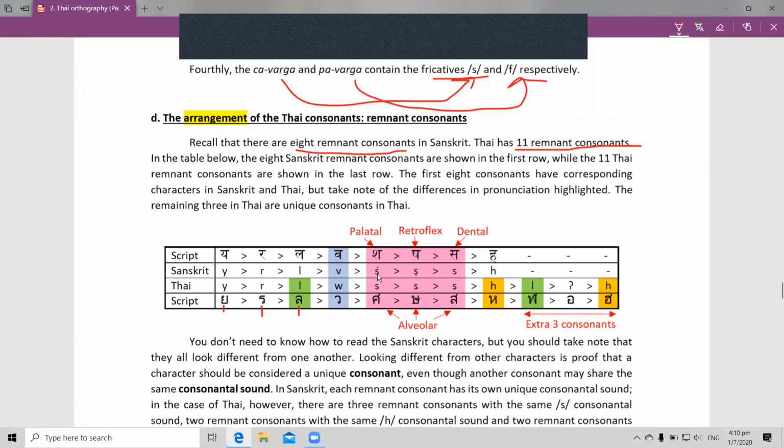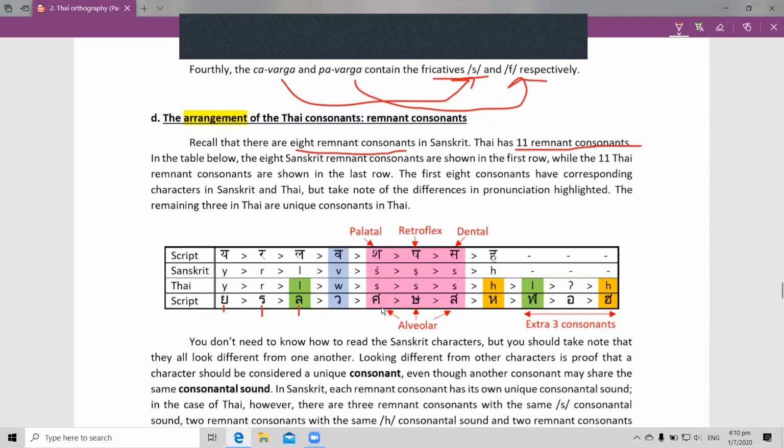But in Thai, we have 3 consonants representing these, and they're all pronounced as saw. All of them have the same pronunciation.